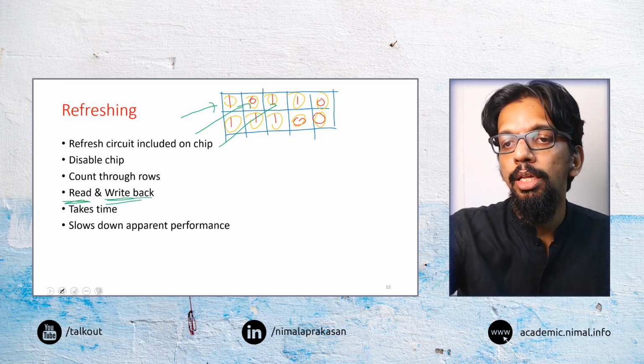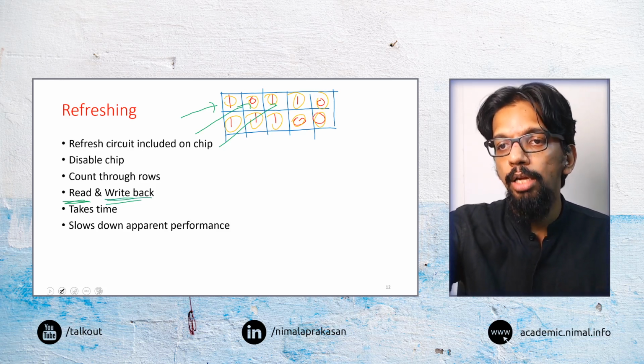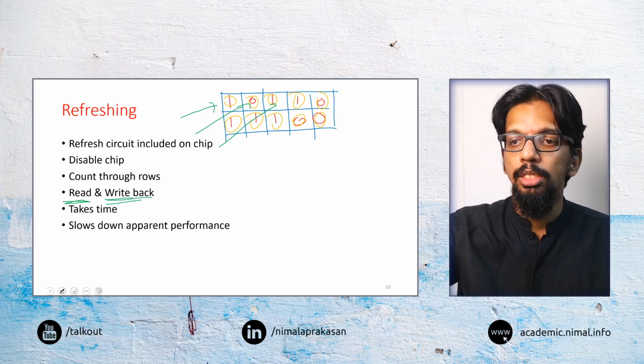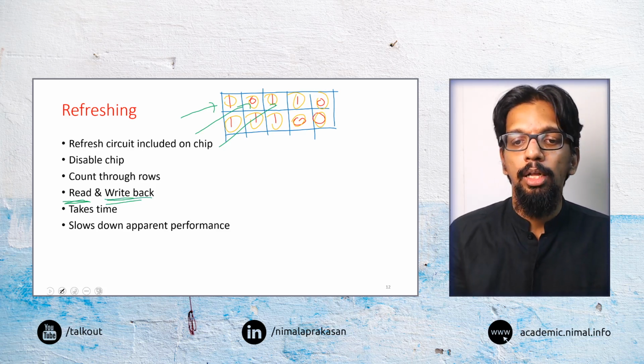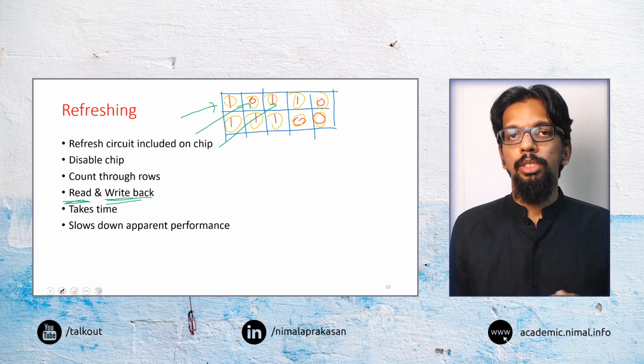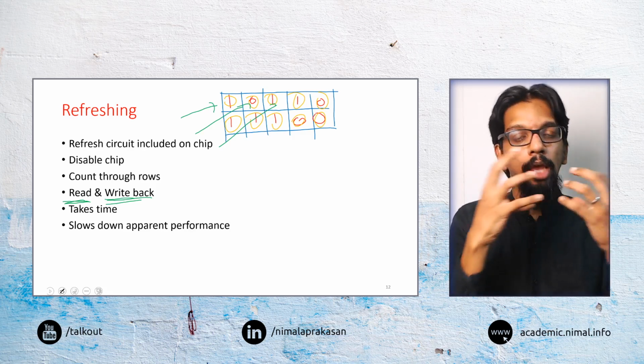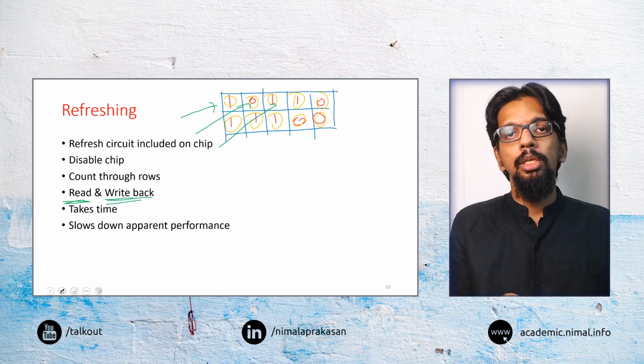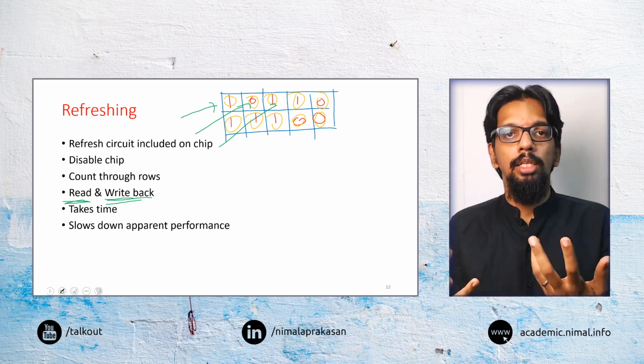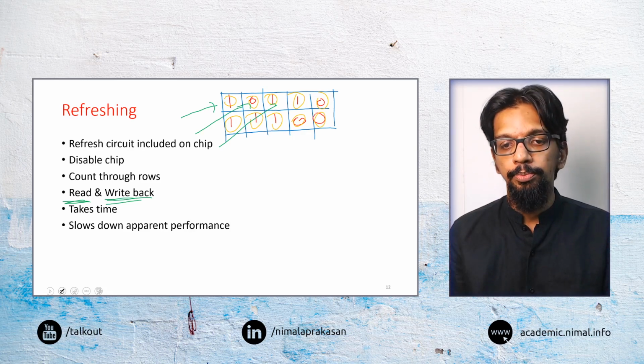We will read one, write one back in the same memory location. We will read 0, write 0 back. That is the refreshing process. So over time, before the capacitance value is totally lost, we will go there and recharge the capacitor, for example.